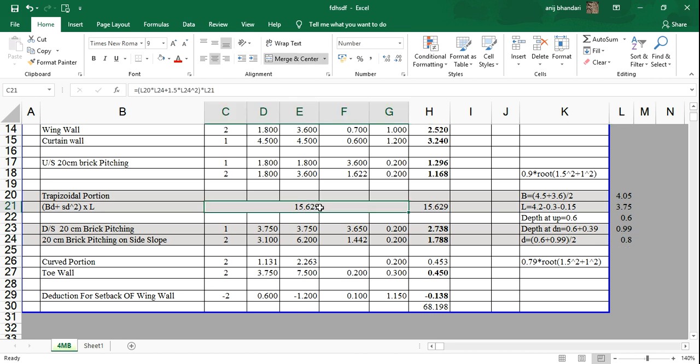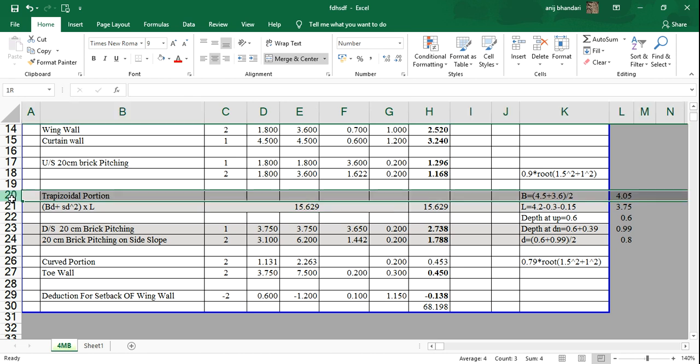So I put everything in the formula, that's B times D plus SD square times L, and it gives this value. That's pretty clear I guess.